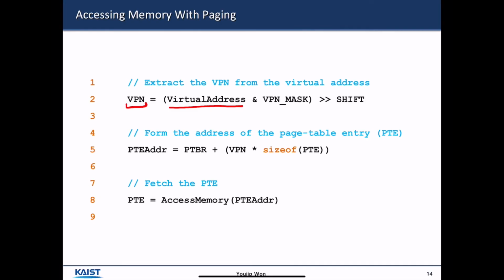And then it uses the virtual page number as an index to the entry in the page table: starting from the page table base register, it adds the index, and it'll get the address of the page table entry. And then it reads the contents at the page table entry address, and then it gets the actual page table entry.